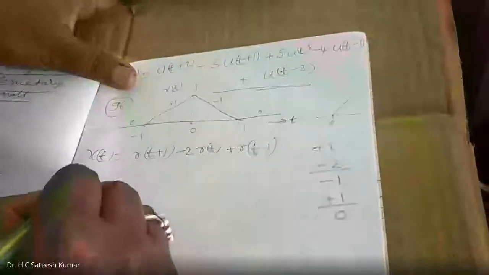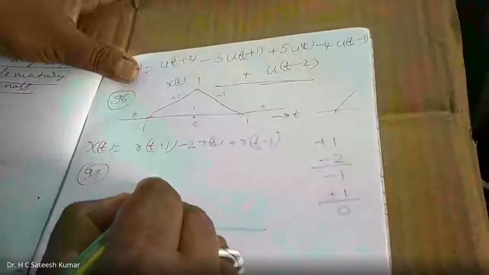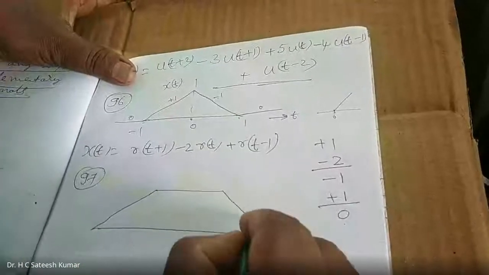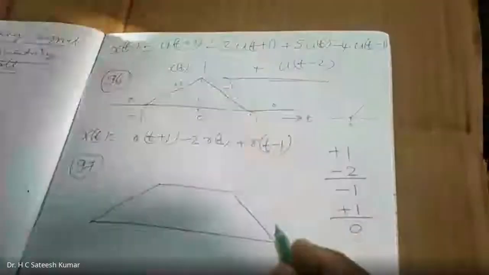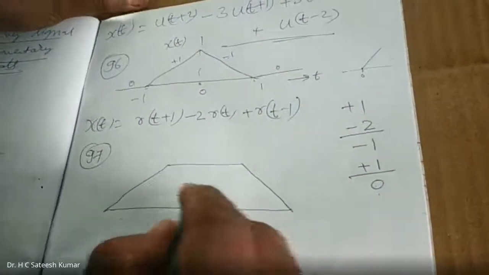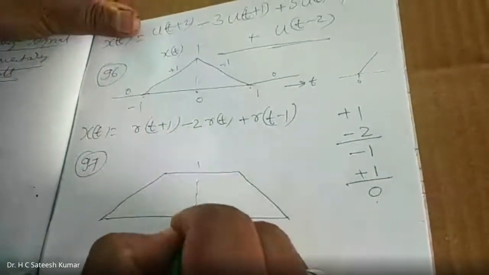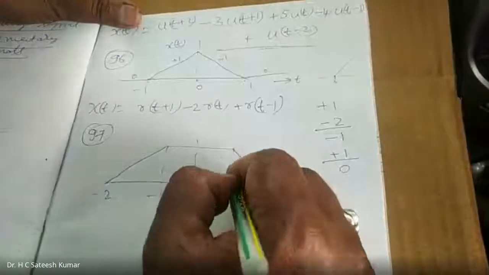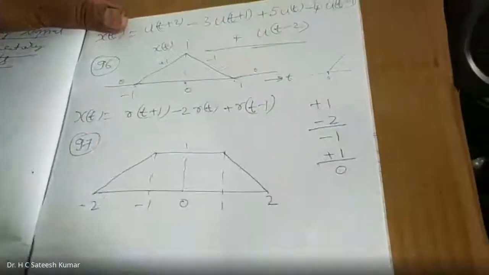Okay. If you're not understanding, one more problem I'll do. Just check it out. Zero, minus 1, minus 2, 1, 2.